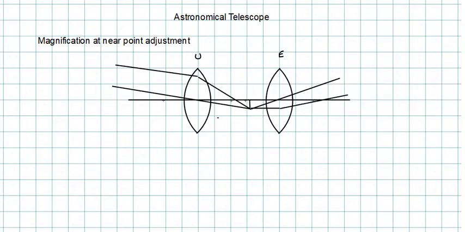The end result is that if I extend these two rays, we find an image somewhere here. We found our final image, which is magnified.